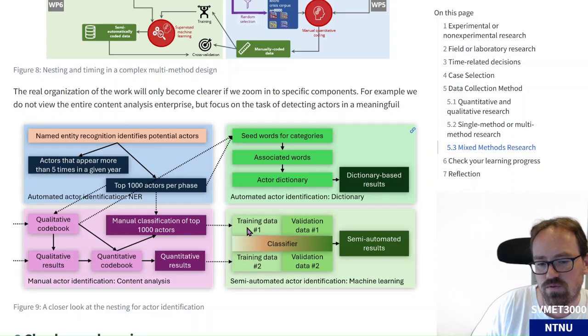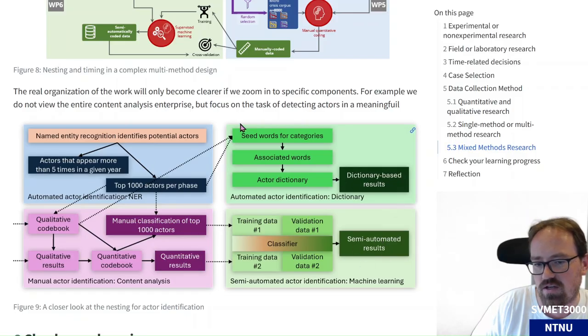The data produced by the humans is used as training data to train the classifier, and then the performance of the computer, being the classifier, is then validated against the second half of these data to probe if that coincides with the human-made decisions.